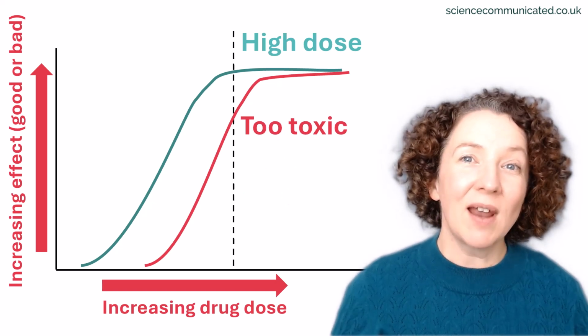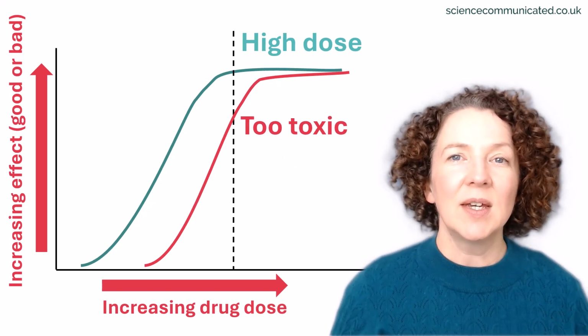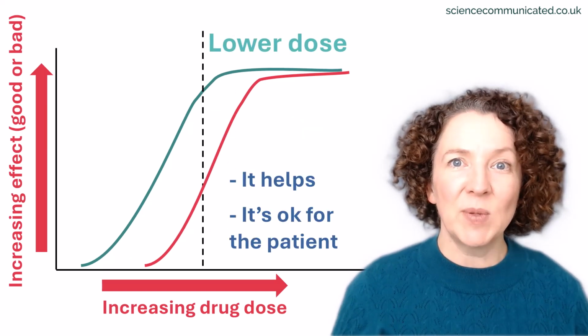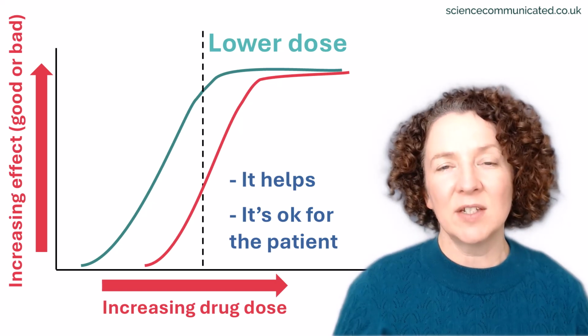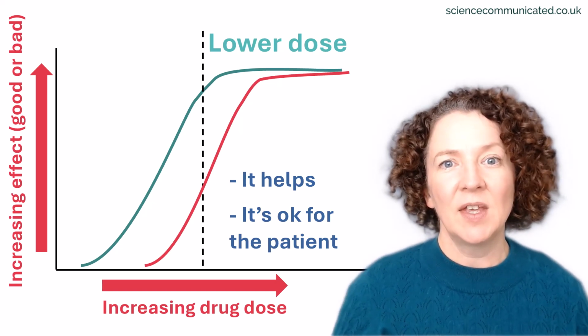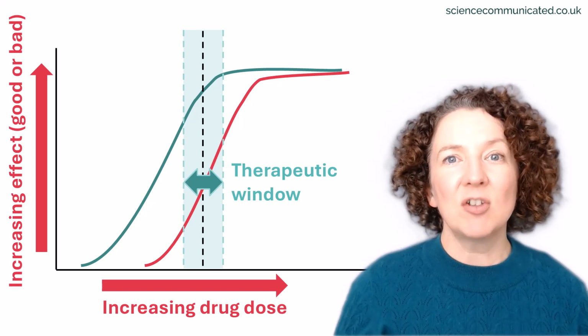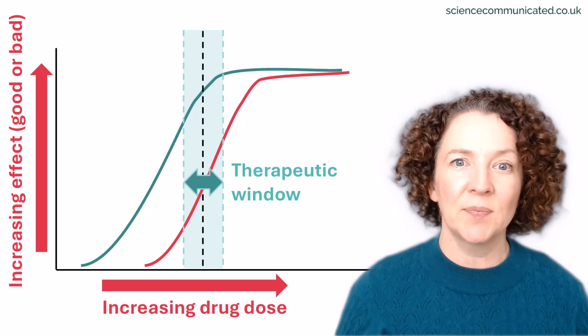So the dose you'd like to give is too toxic for the patient to cope with. Instead, you give a lower dose, one that is high enough to be helpful, to kill lots of cancer cells, but not so high as to make life unbearable. The narrow range of doses that achieve this balance is often described as chemotherapy's narrow therapeutic window.